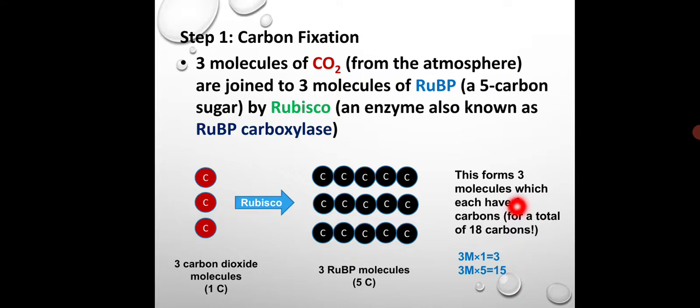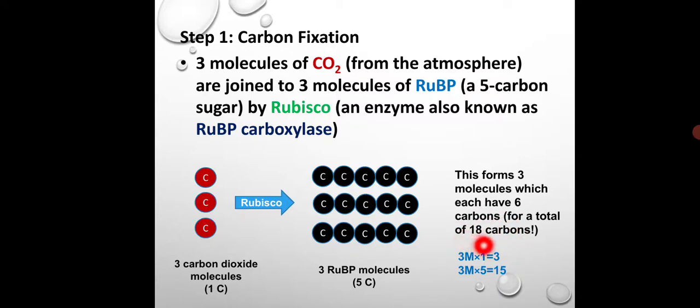Getting my point? So here atmospheric carbon dioxide combines with 3 molecules of RuBP with the help of the RuBisCo enzyme. What we get up till now is 3 molecules which have 6 carbon, and in total it creates 18 carbon.